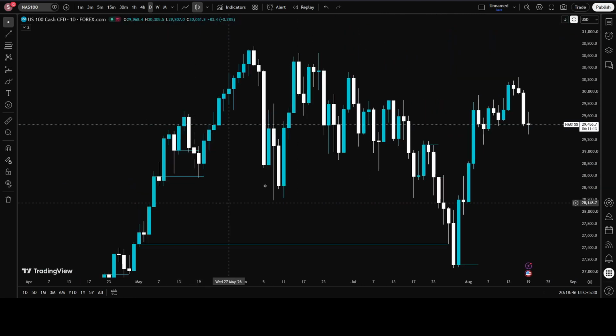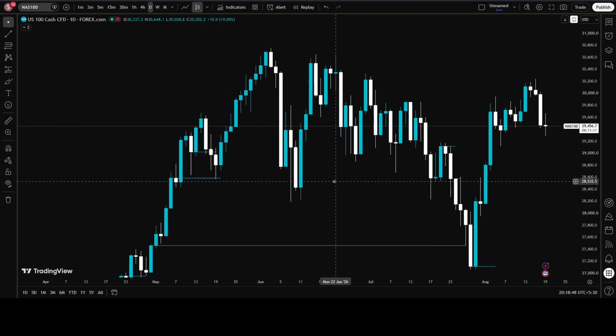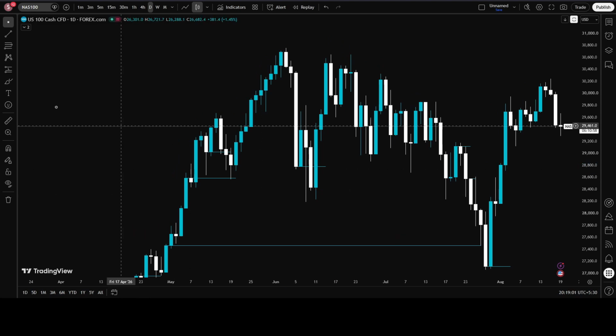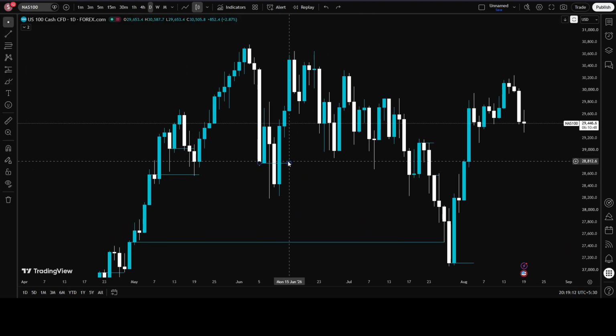There is one exception, and that is QM level. What do I mean by QM level is, I'll show you this one over here. It was supposed to reject, it kind of rejected, but it closed down below this thing, right? Then afterwards, it was supposed to go down, but it didn't, and the buy candle closed upside over here, broke this one also. So this acts as a QM level.